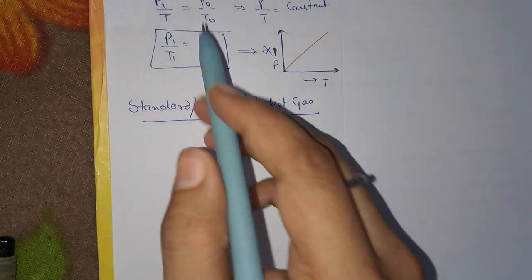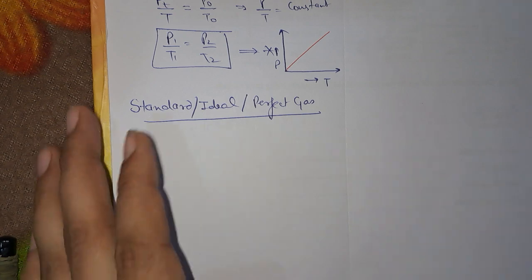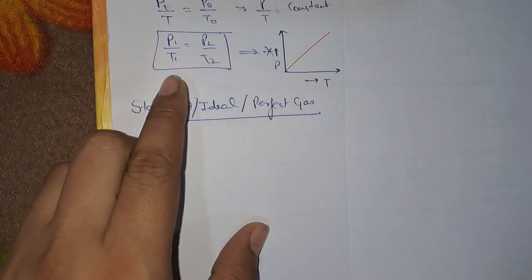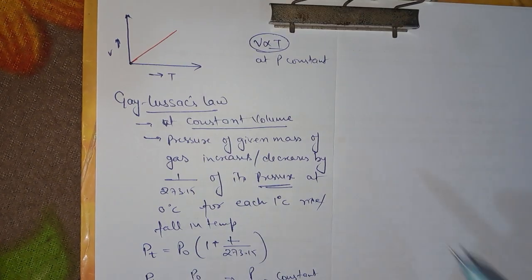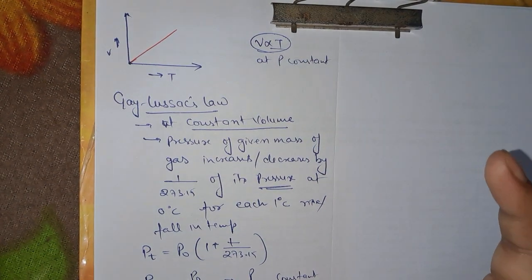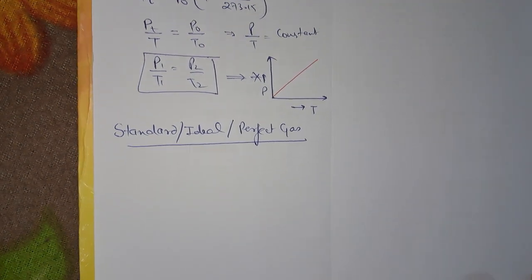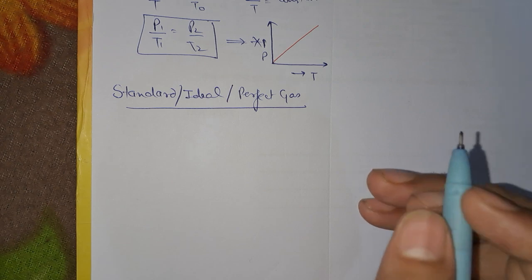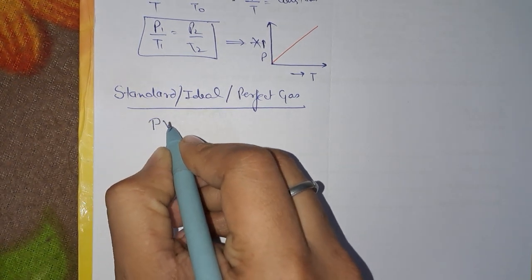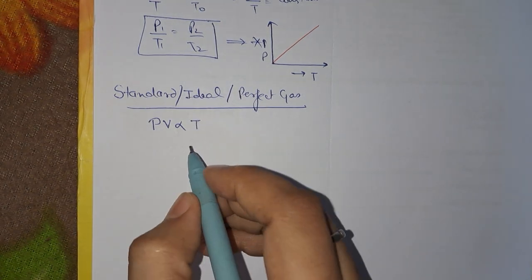We have just seen in earlier equations that P is directly proportional to T, and also that V is directly proportional to T, and pressure is inversely proportional to the volume. So combining all these three conditions, we get that PV is directly proportional to T.